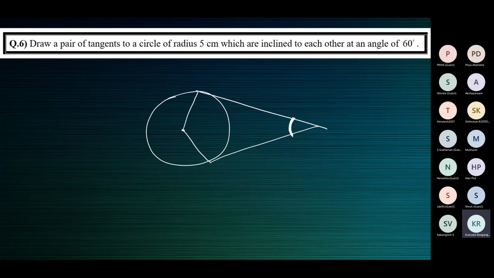The angle between the two tangents is 60 degrees. Then this will be 120. If this is 50, this will be 130. Opposite angles are supplementary. So this is 120, but not always 120, because this is 60, this is 120. If this is 50, this one will be 130. These two angles are supplementary.